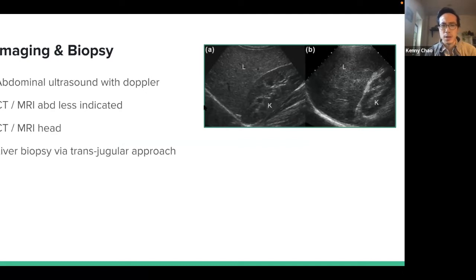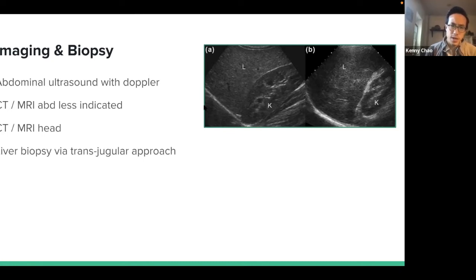Typically, a CT or MRI abdomen is less indicated unless you have a reason for it, if you're looking for malignancies or mets, or vascular issues like Budd-Chiari. You can consider CT or MRI of the head as well to assess for altered mental status, and we'll talk about that later.